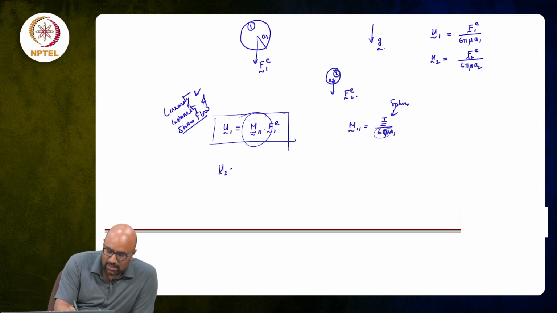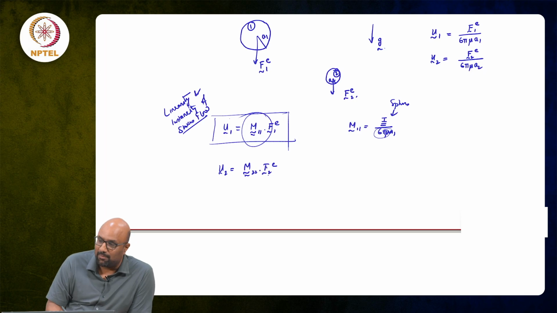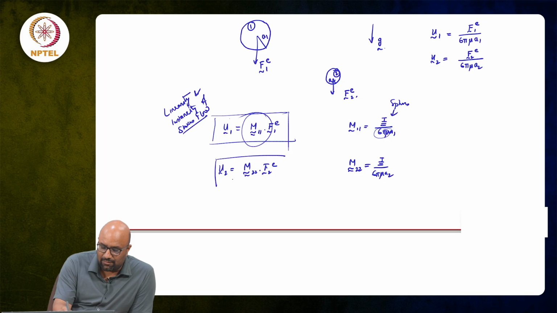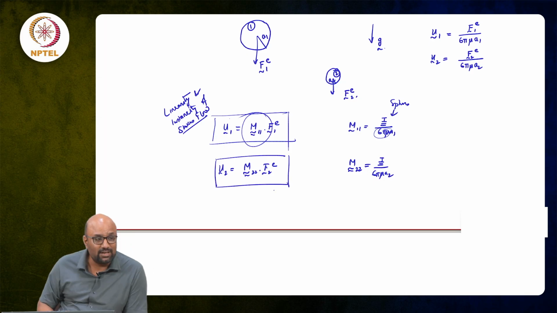Similarly, the velocity of the second sphere we could write in this particular manner, U2 = M22 dot F2, where M22 is I by 6 pi mu A2. So, the reason why I am doing all of this is that this is a very general statement.